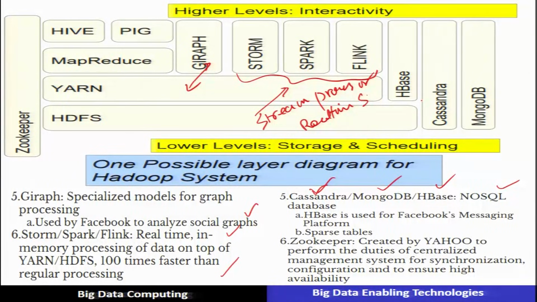HBase is over HDFS, and Cassandra and MongoDB are also used for storing big data applications. HBase was initially used by Facebook for its messaging platform. Later on, Facebook also developed Cassandra for key value store purposes.